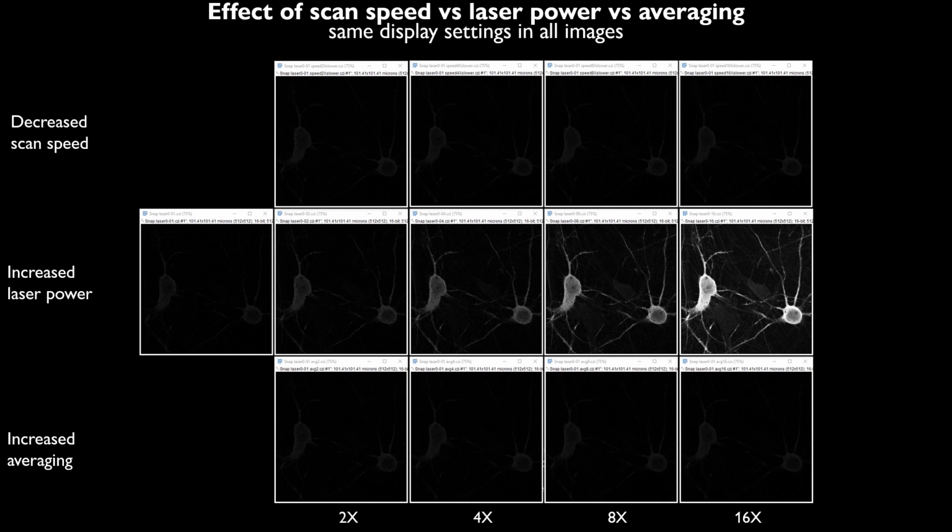You can see that decreasing the scan speed or increasing the averaging does not result in a brighter image.